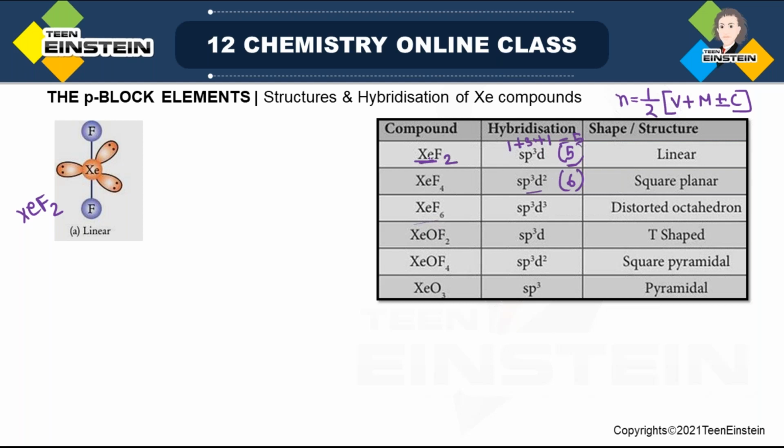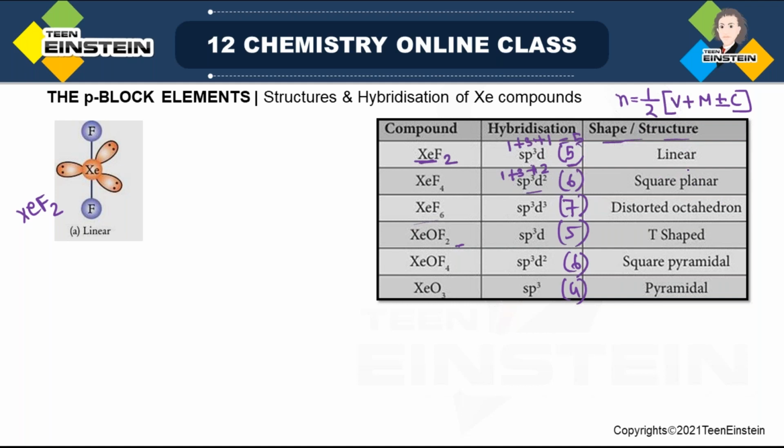That means coordination number is 5. Similarly, for the second one, 1s orbital, 3p orbital, and 2d. That means 1 plus 3 plus 2. What is the value? It is 6. So in this way, you can easily understand what the n value will be. It is 7, and we will also see this one, XeOF2. Okay, this is also sp3d, that means again 5. This is also 6. This is 4. Okay. Now see here, the shape and structure that are mentioned, that is actually the shape without lone pair.